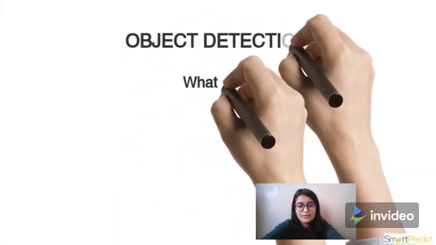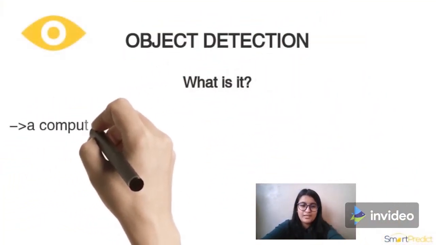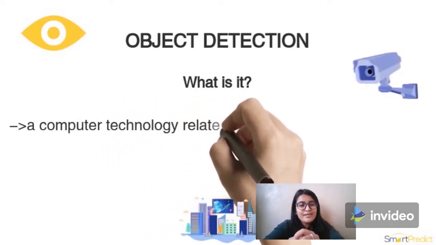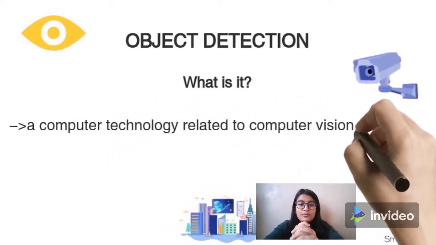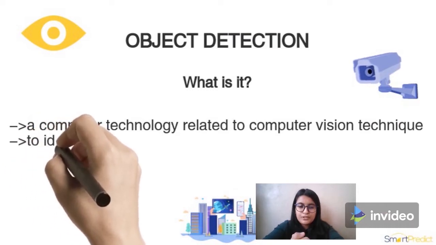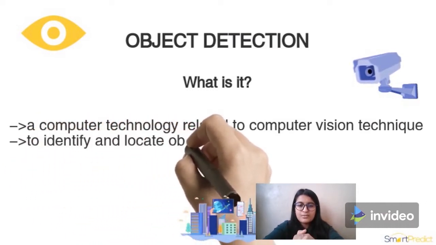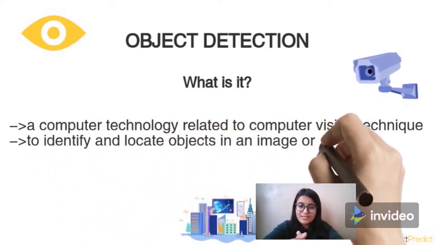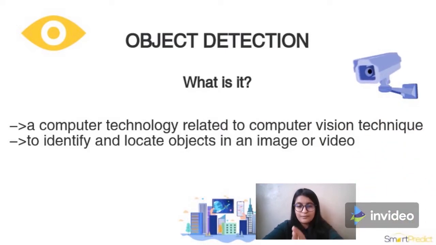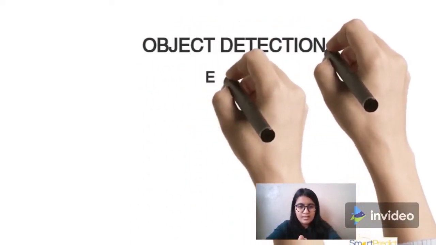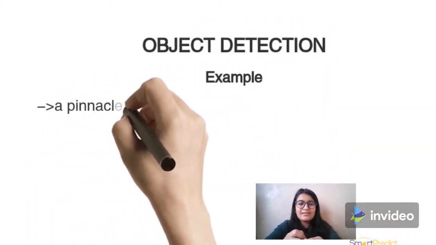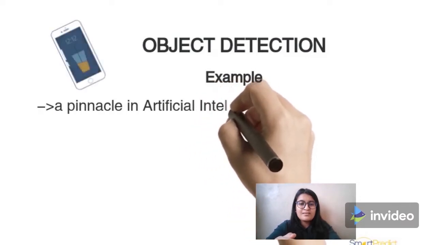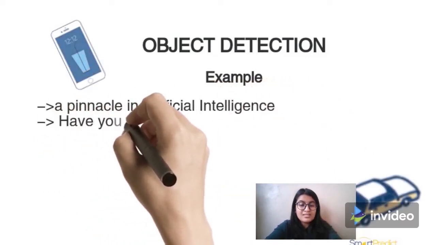Let's continue with our third use case, which is object detection. Object detection is a computer technology related to computer vision techniques that allows us to identify and locate objects in an image or a video. In simple words, it is related to vision and image processing that deals with detecting instances of semantic objects in a frame.